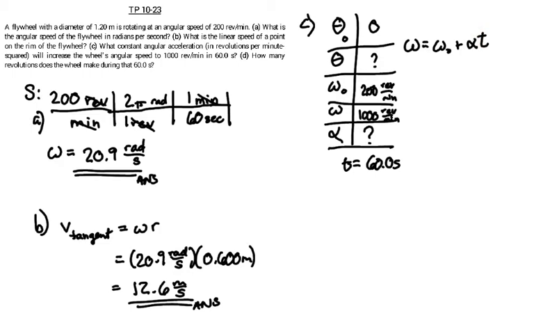So all I have to do is solve for the angular acceleration. And we get 800 revolutions per minute squared.